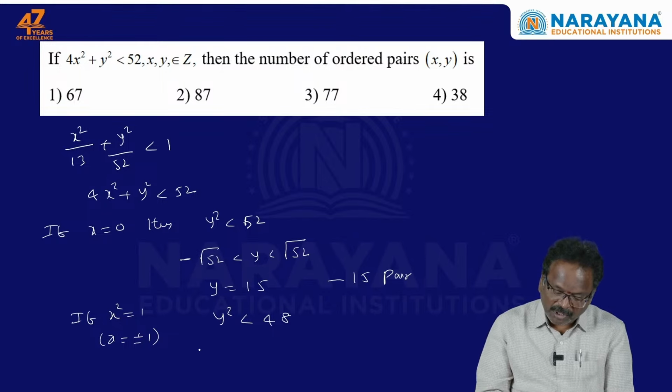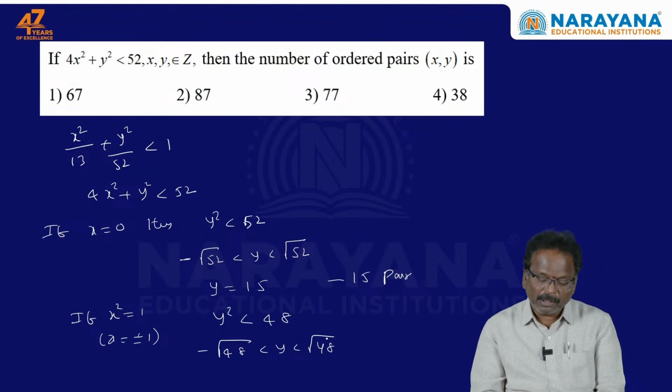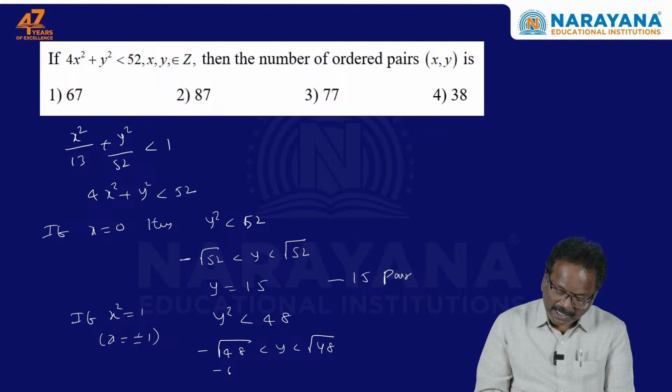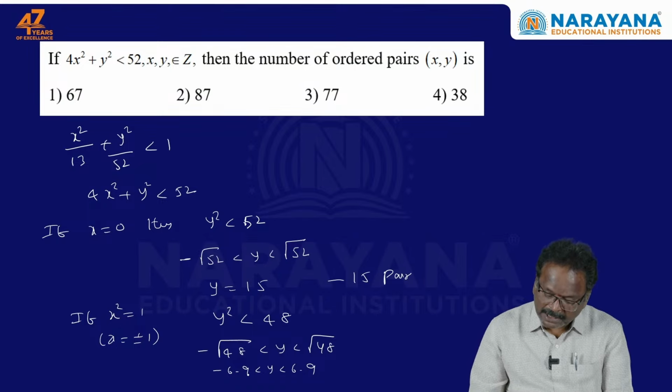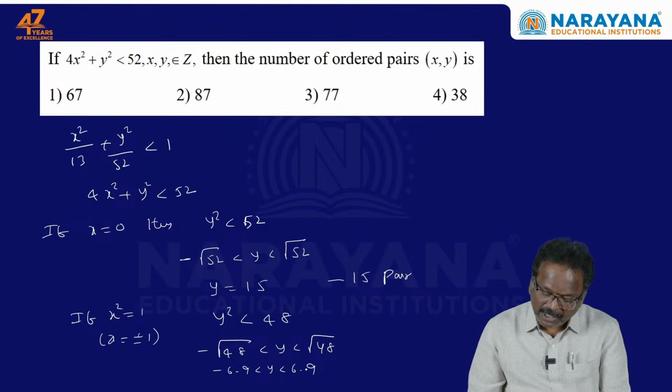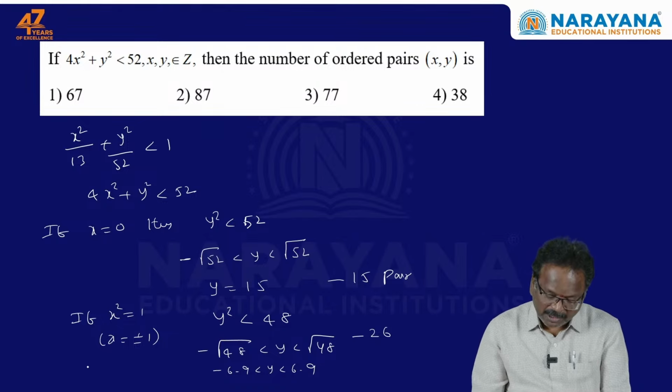Y lies between minus root 48 to plus root 48, which means minus 6.9 less than y less than 6.9. Here 13 values are possible for y. With x equal to plus or minus 1, the total number of ordered pairs is 26, since with plus 1 there are 13 and with minus 1 also 13 pairs.